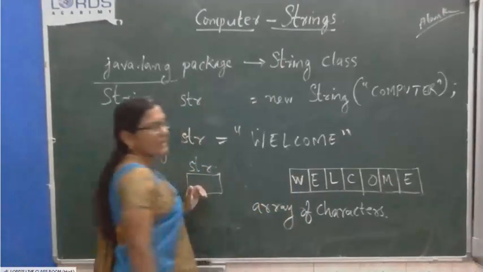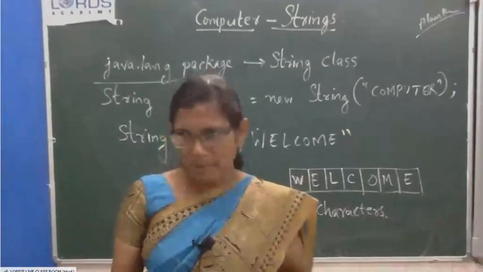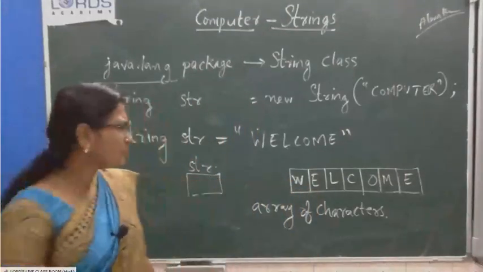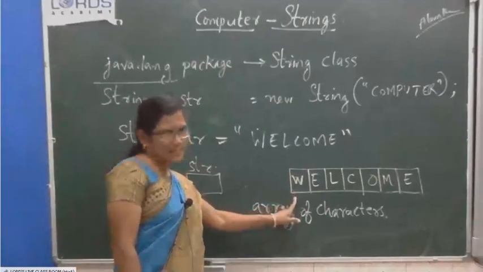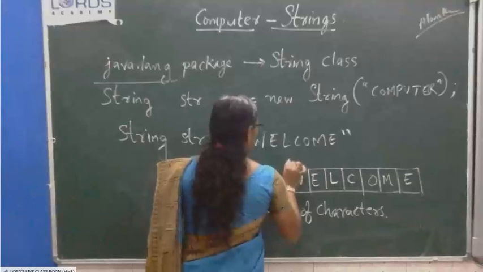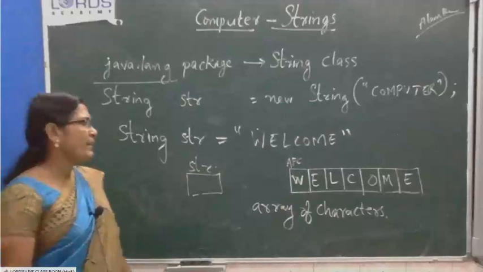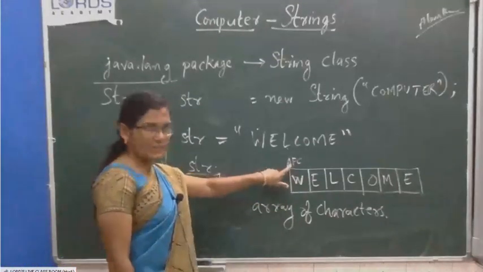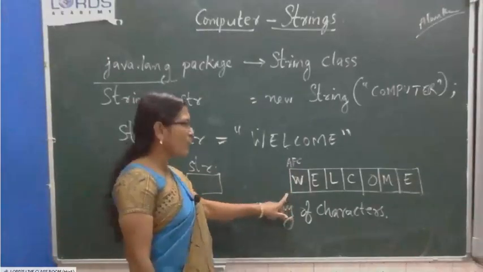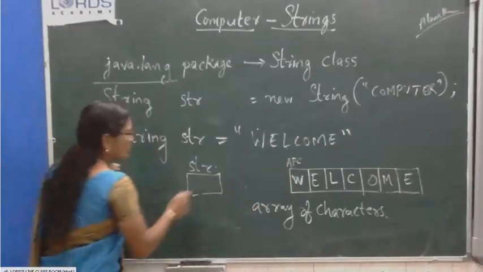Assume that memory addresses are given internally using the hexadecimal number system. Imagine that the address of the first storage location is AFC. This is a hexadecimal number. That address will be stored in str.